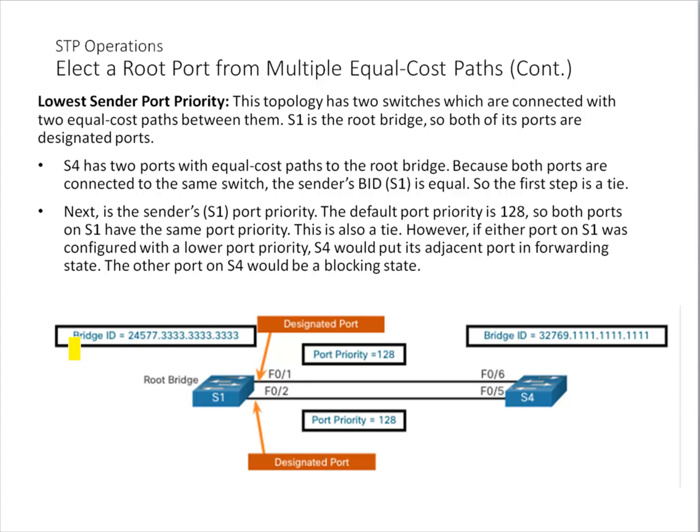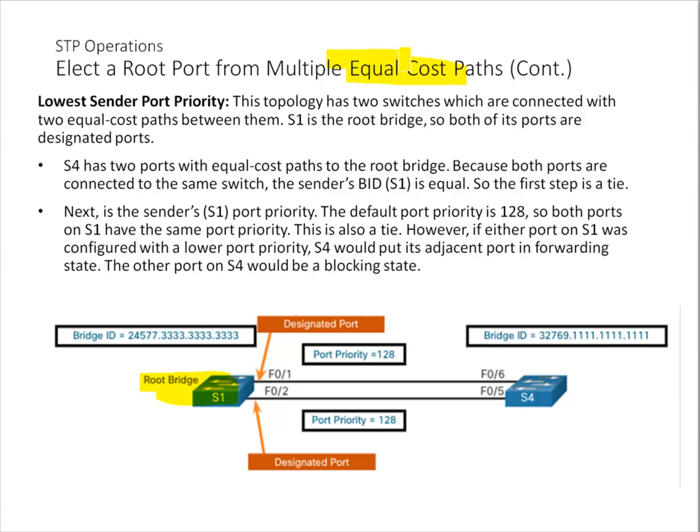Now I am checking the bridge IDs. You can see this is 24577 and this is something like 32769. So in this case S1 is going to be the root bridge. Then from S4 to S1 there are two paths available. For both the paths we have the equal cost.